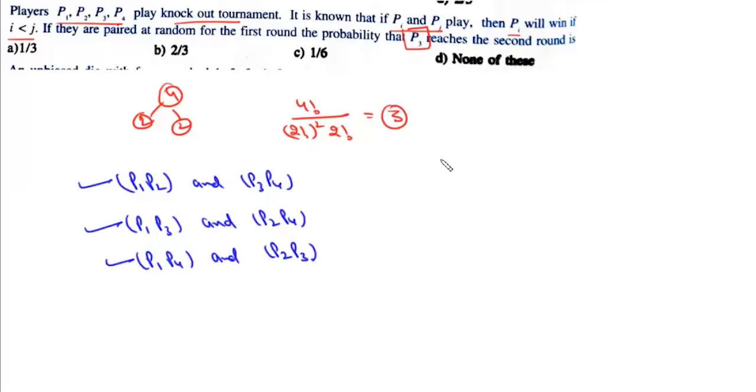Now for this probability, we have total number of cases, which is 3. Now P3 can only reach the second round if P3 is paired against P4, because against P1 and P2, he or she doesn't stand any chance. So this case is only when P3 is paired against P4, which is this case. So of all these 3, only one is favorable. Now this probability is simply 1 by 3, and that's your option A.